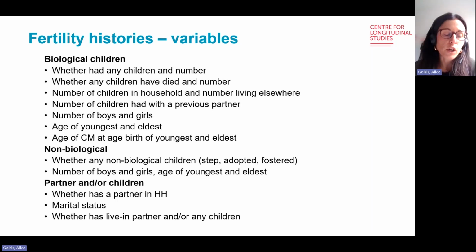And then we also include some summary information, so whether the cohort member has a partner in the household, their marital status, and whether they have a live-in partner and or any children. For each sweep of data collection and each cohort member, you will find this information. And then for the last sweep, you will also get summary information like number of children ever had, number of non-biological children, and number of biological children ever had.